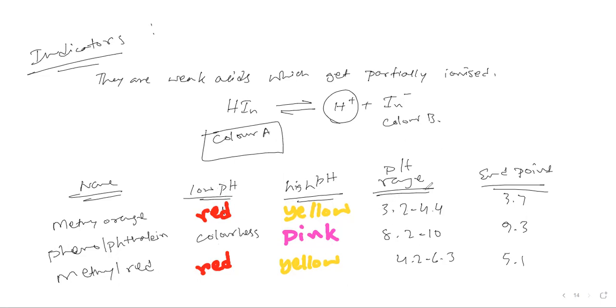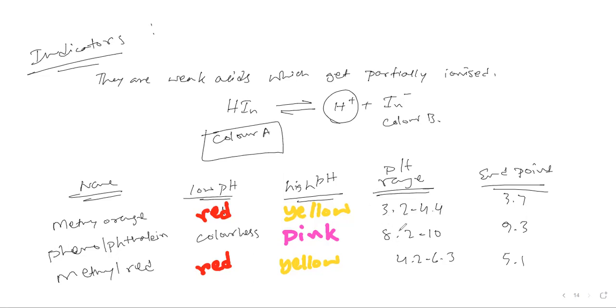Now the pH range, the range in which each works, is from 3.2 to 4.4 for methyl orange.